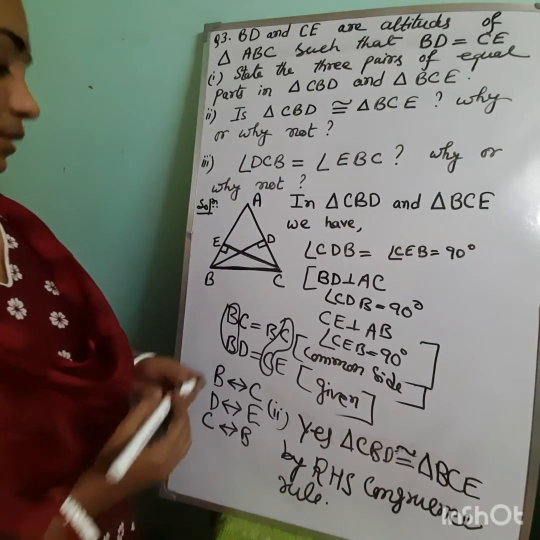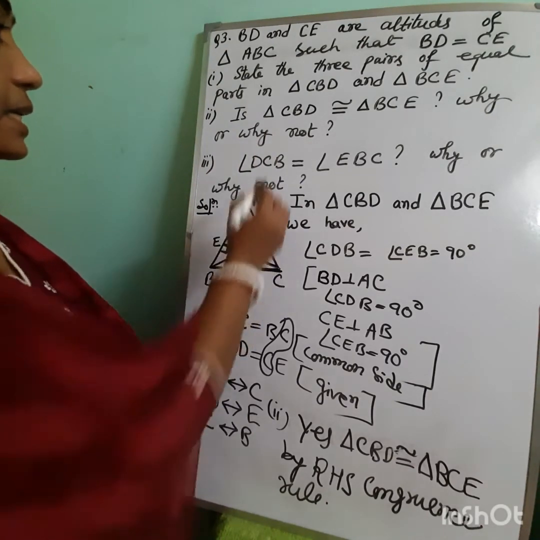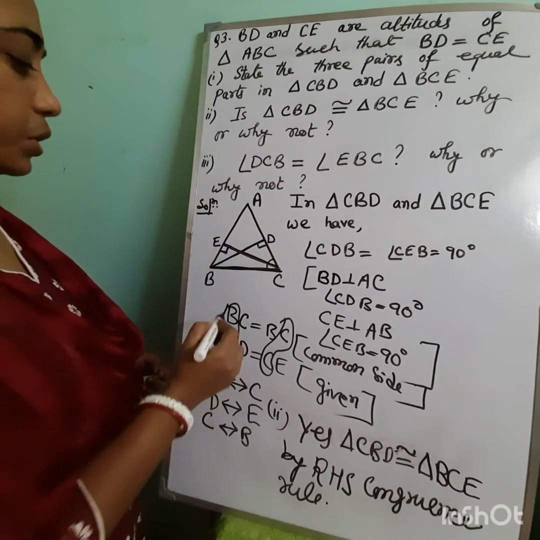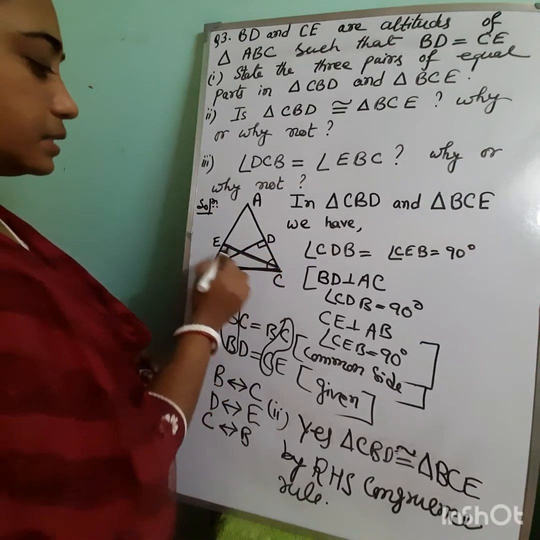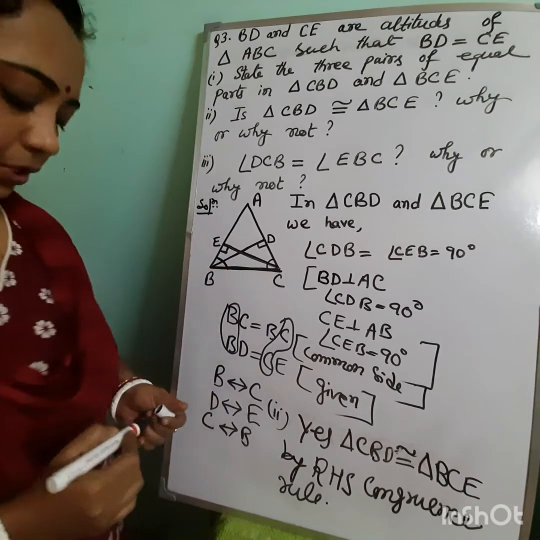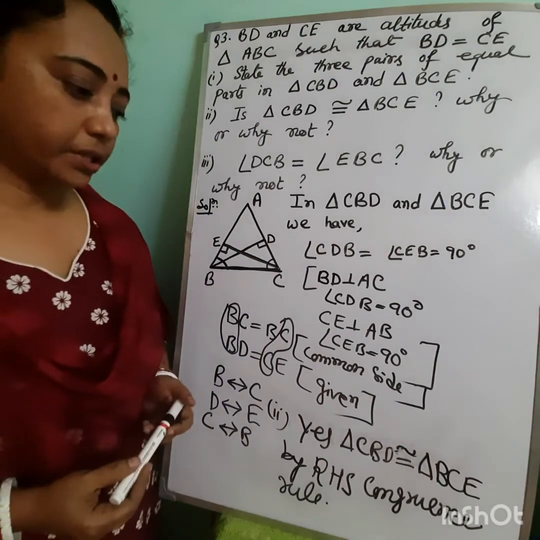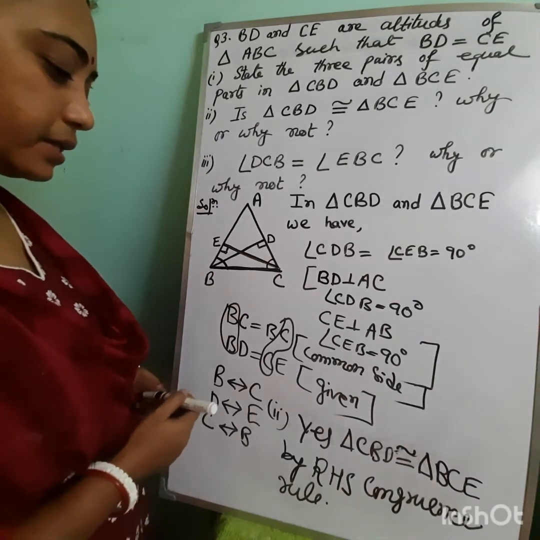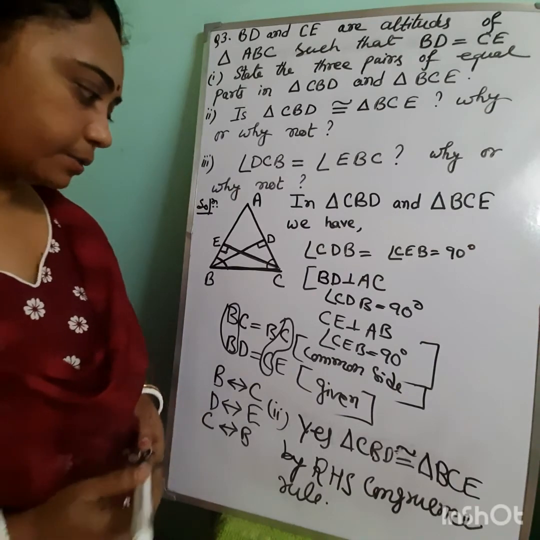Now the third question is: is angle DCB equal to angle EBC? We know if two triangles are congruent, then their corresponding parts are also equal. As these two triangles are congruent, their corresponding parts are equal.